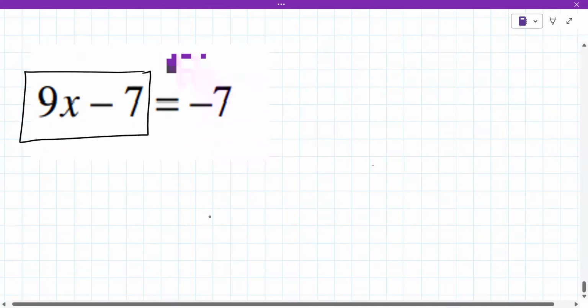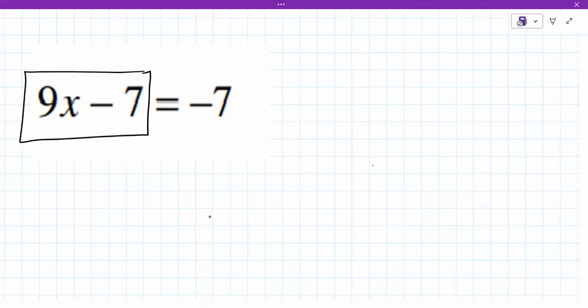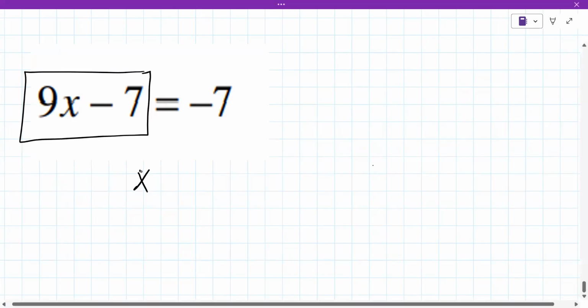So focus on the side with the variable. Would the answer just be 0? Yeah, very good.